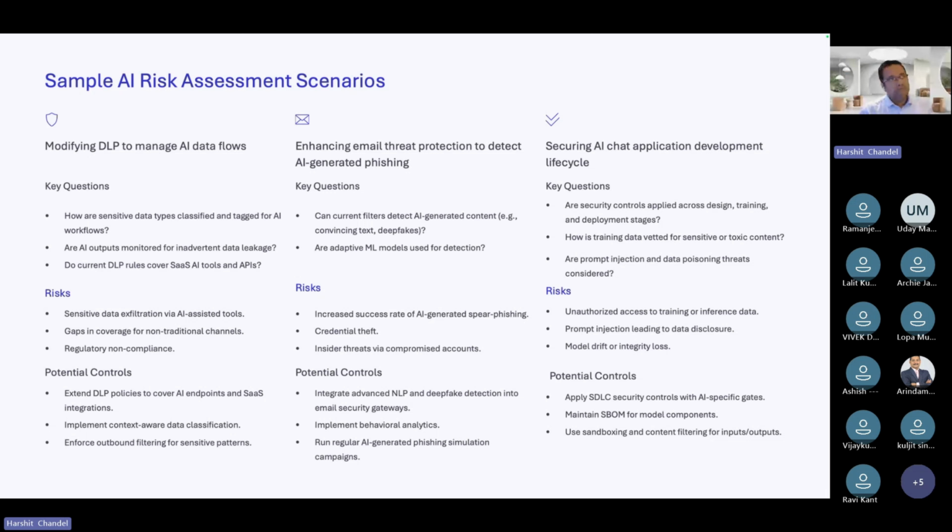So I have personally got implemented scenarios where the organization was like, okay, let's implement Copilot. And the question was, what if someone leverages a prompt to send out data? Do we have the capability to manage? In a lot of organizations, the DLP policies in themselves are not configured properly.